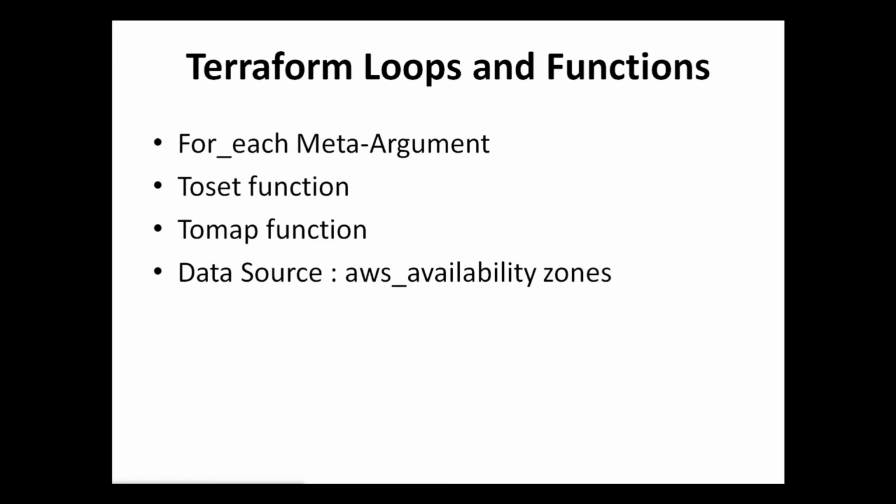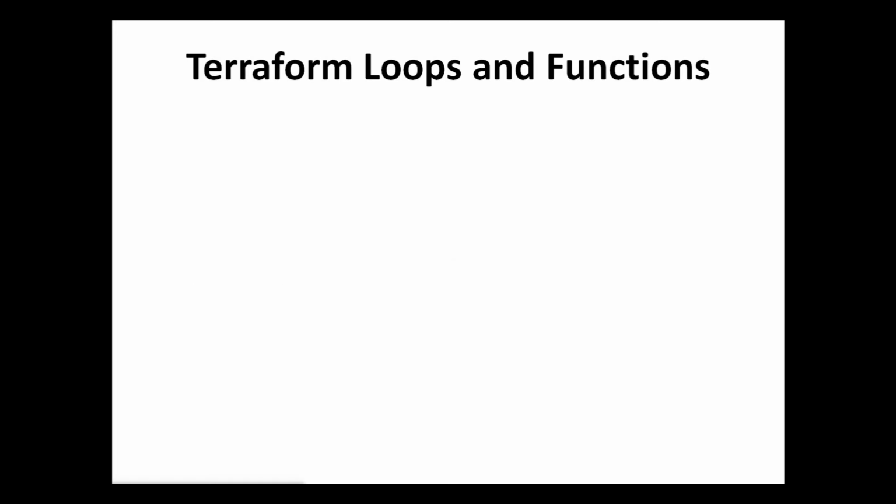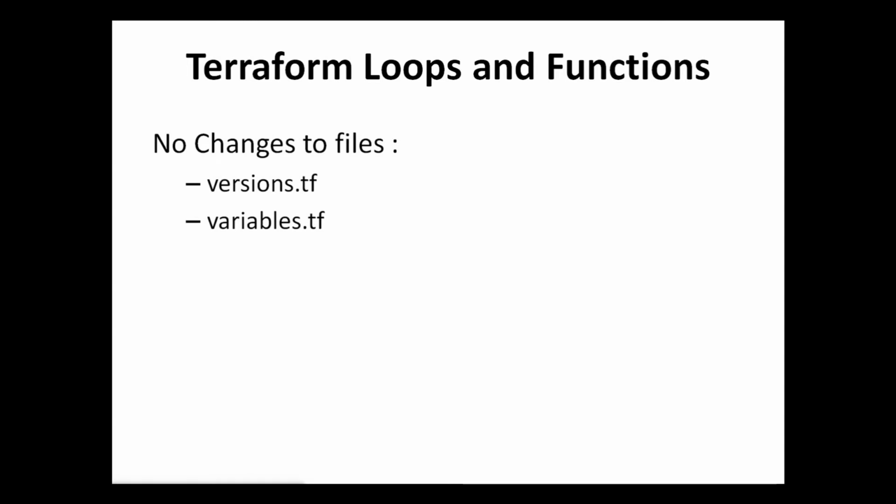In these configuration files there won't be any changes made from our previous session, which is the fourth session. So versions, variables, EC2 security groups, and AMI data source, in these four configuration files there won't be any changes.